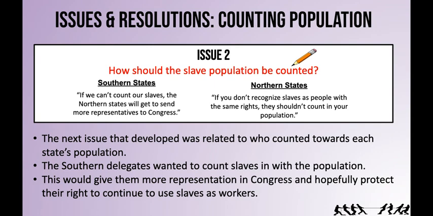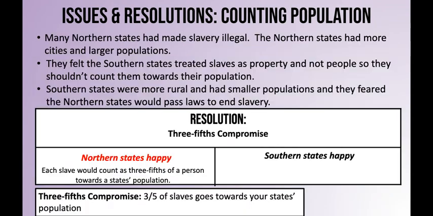One of the main things with the southern states is that if they had more representation in Congress, they could protect their right to continue using slaves. And they were worried that if the northern states had more representatives, they would try to get rid of slavery.